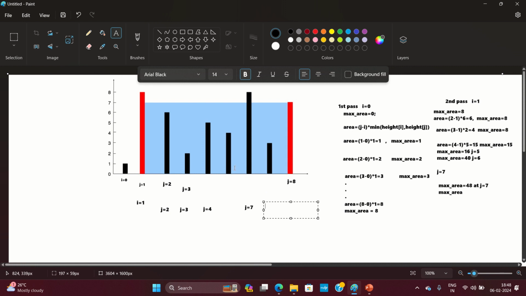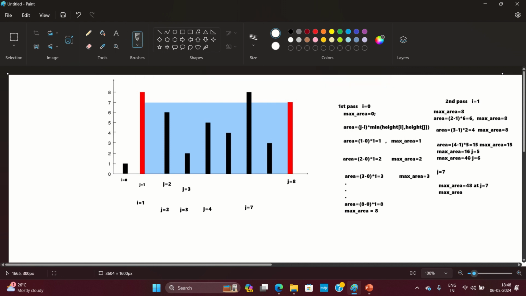Actually, I have made some mistake. This is j is equal to 6. Very sorry. At j is equal to 6, it will be 6 minus 1, 5, and 5 into 8, it should be 40. It should be 40 in this stream.